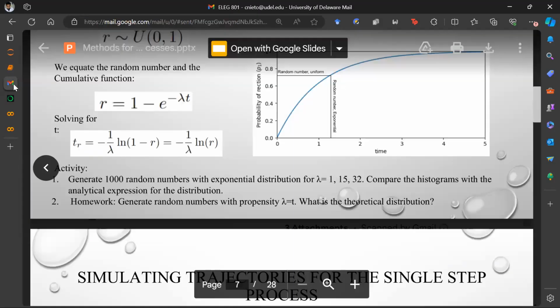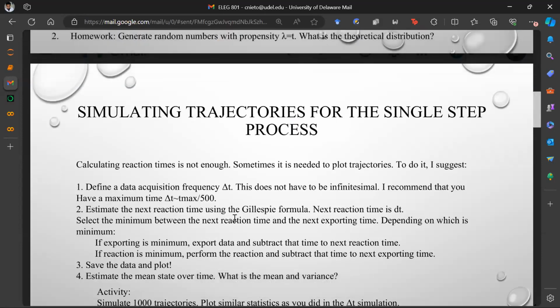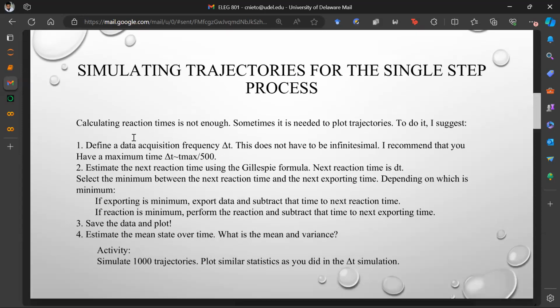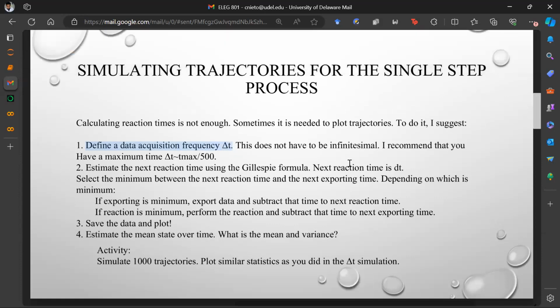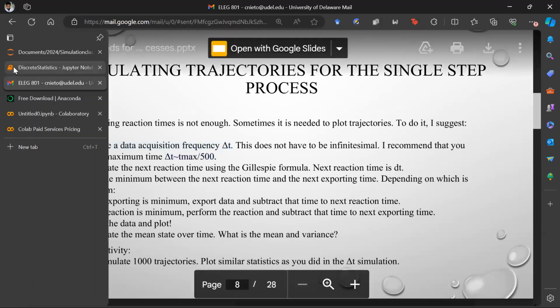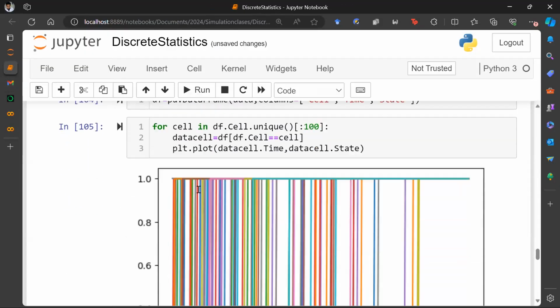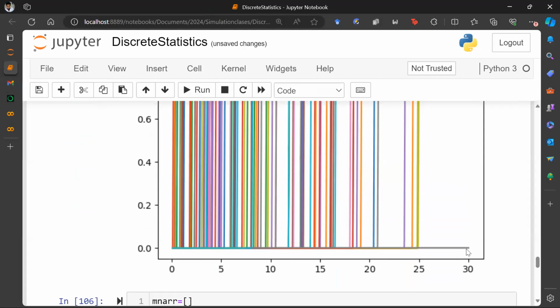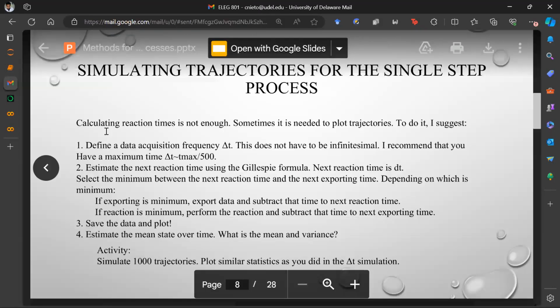So what I propose, or the standard simulation algorithm, is: I'm going to propose an acquisition frequency delta T. It doesn't have to be infinitesimal, it can be anything I want. A typical number is, if you have a range, let's say from 0 to 30, divide this range into 500, and you're going to get a relatively good accuracy.